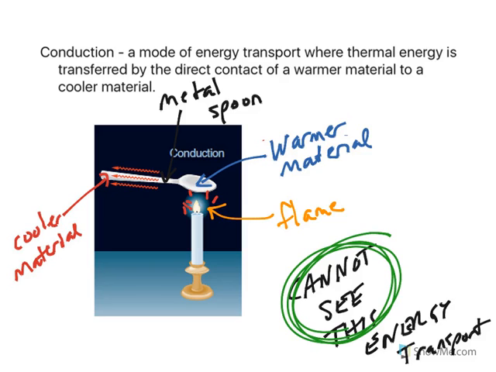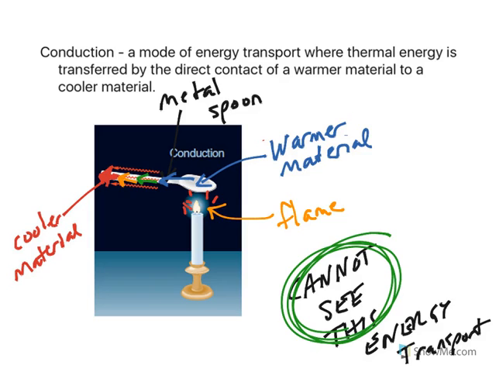Your eyes cannot see the energy being transported from the warmer end of the material to the cooler end of the material. But heat will flow through the material from the agitation of the particles in the material, and it will flow from the warm end down to the cool end until finally reaching this cool end, or the handle end.